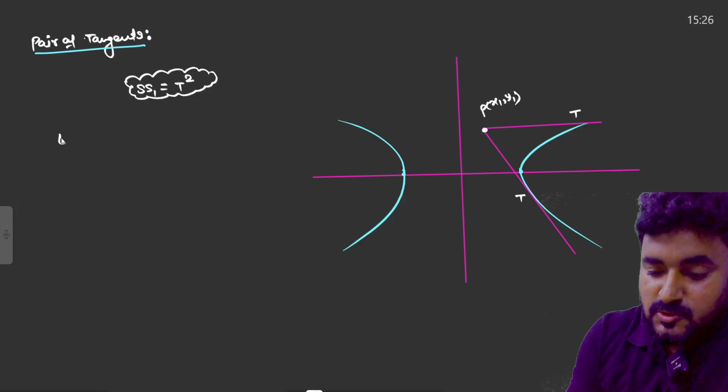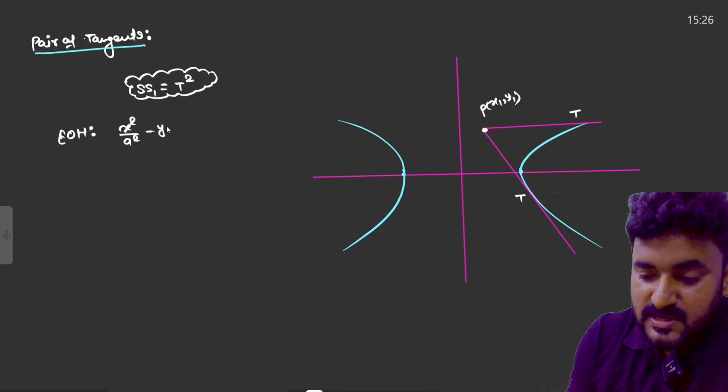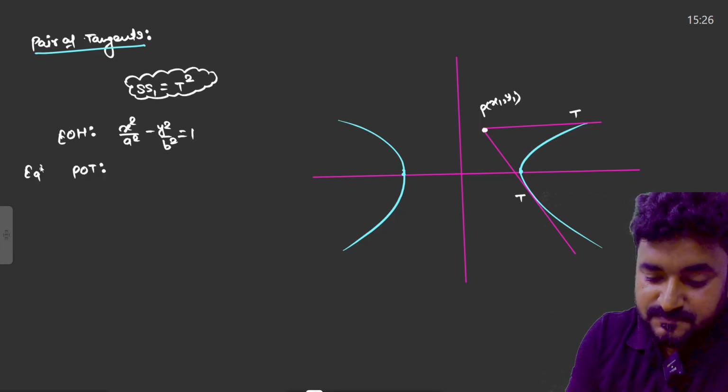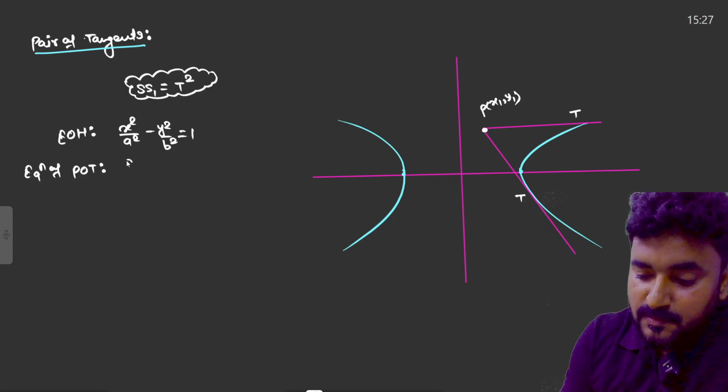You know the equation of the hyperbola is x square by a square minus y square by b square equals 1. So the equation of the pair of tangents will be S1 equals T square.